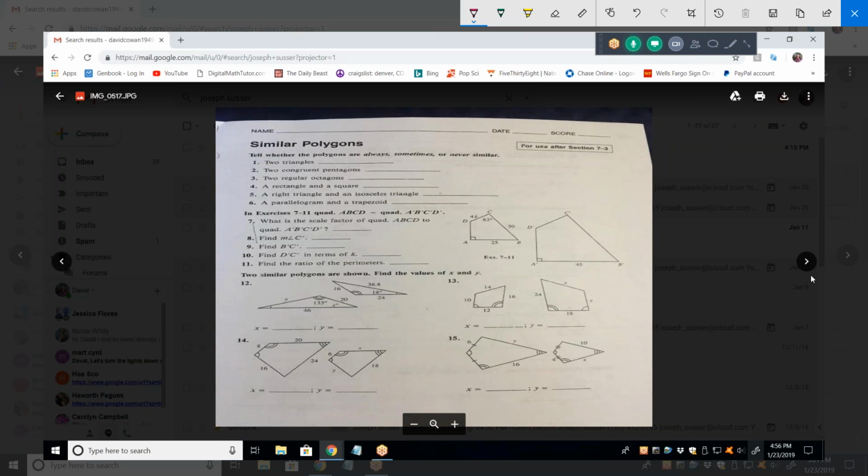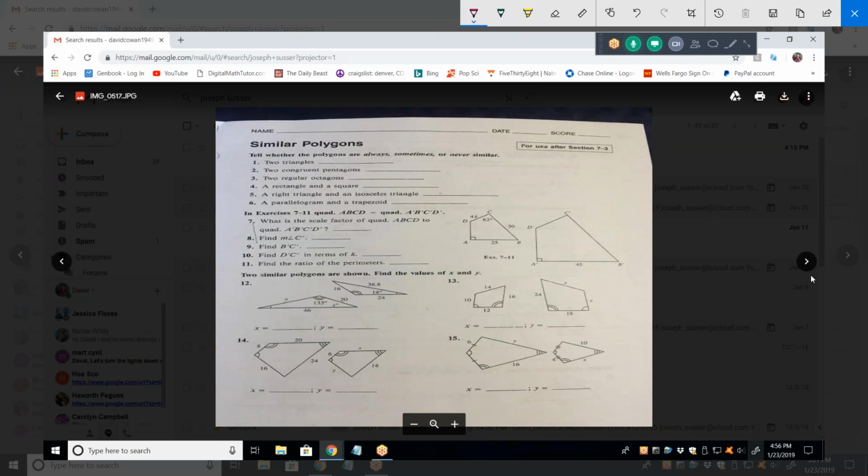Okay. So number 7, referring to these two figures, what is the scale factor of the first one relative to the second one? Well, if we just do 25 over 45, then we get 5 over 9.